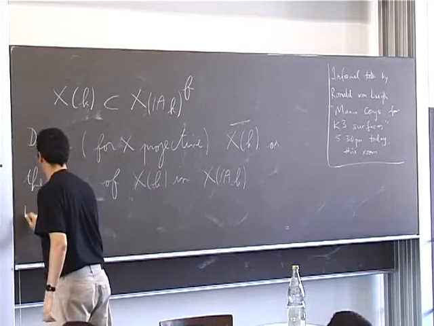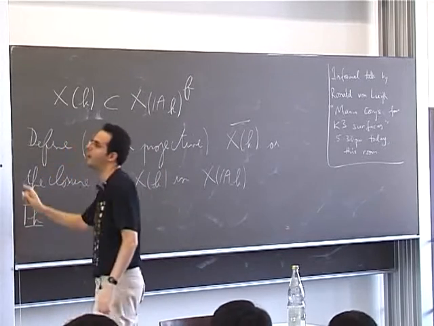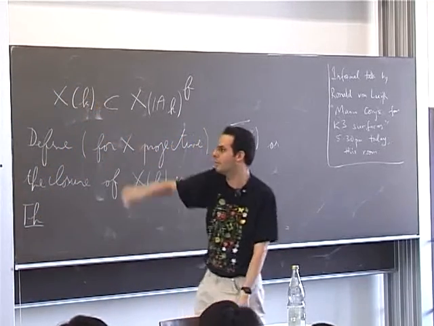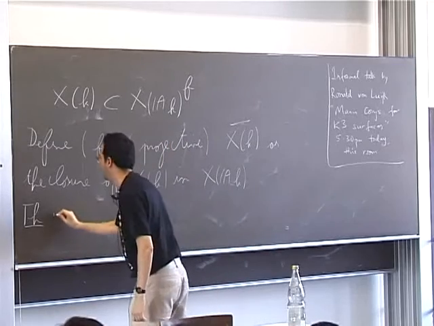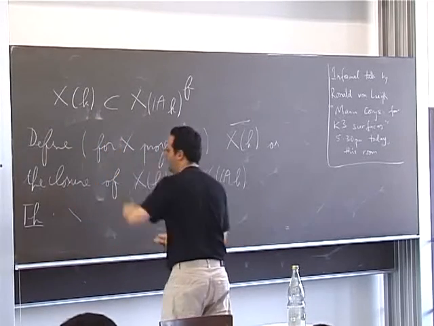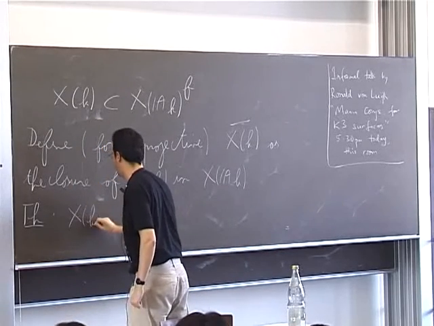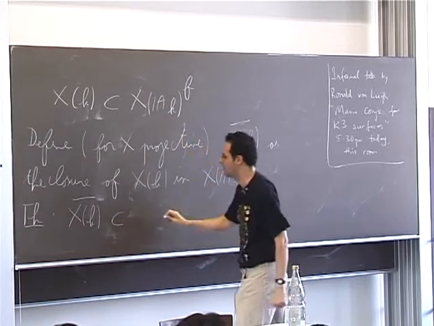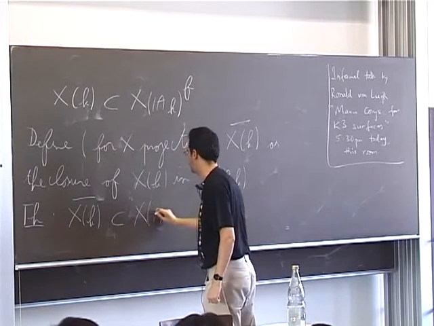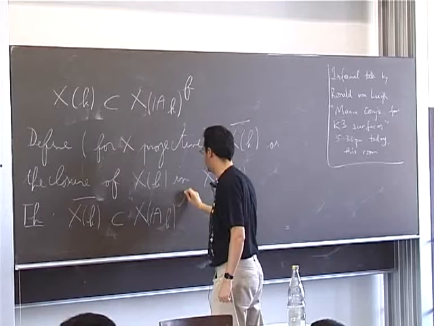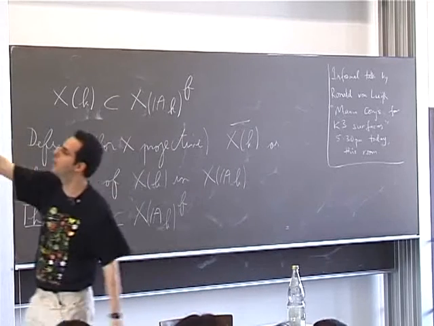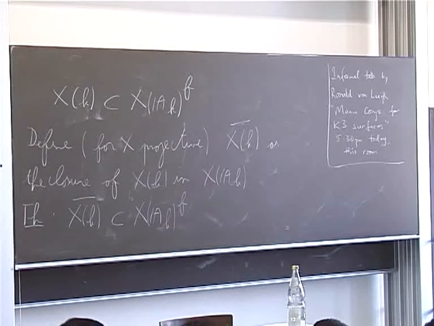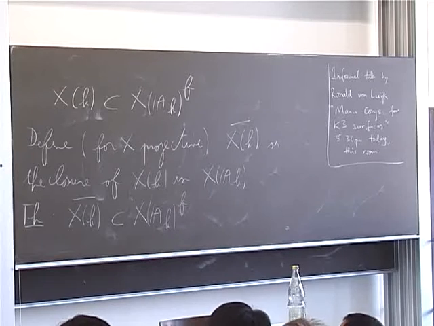Then you have the following theorem that you can find, for example, in our paper or in Skorobogatov's book. Actually, not only X of K, but the closure of X of K is a subset of this special set X of AK to the power F, for any torsor F from Y to X under any group G.